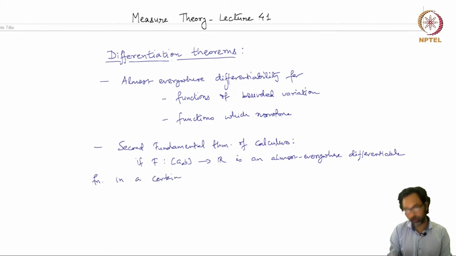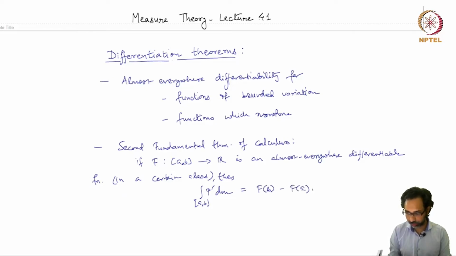So it's not true for all kinds of almost everywhere differentiable functions, but in a certain class, then the integral of the derivative f prime of f dm is equal to f of b minus f of a.